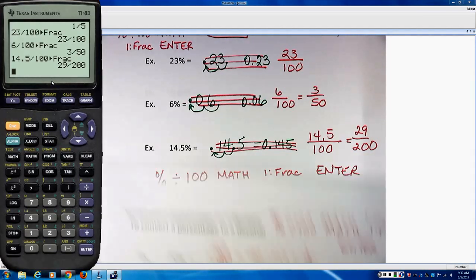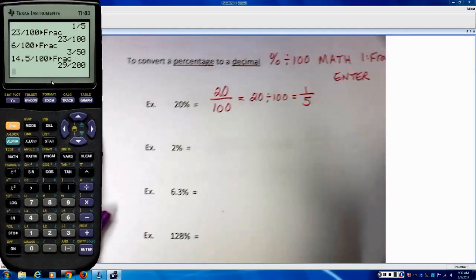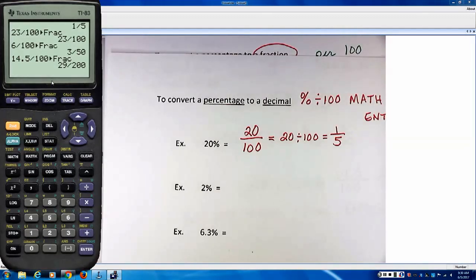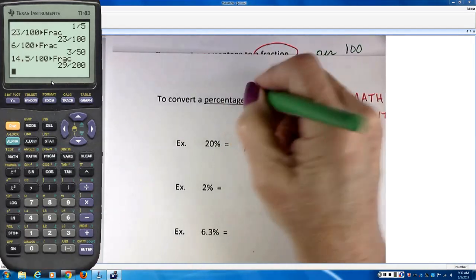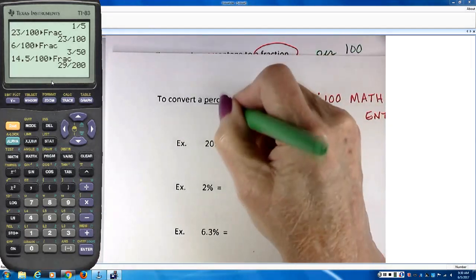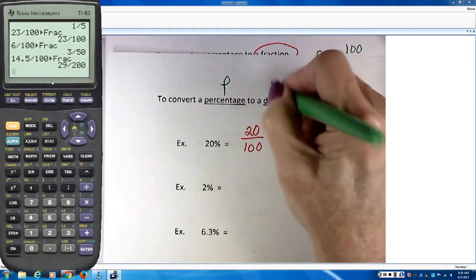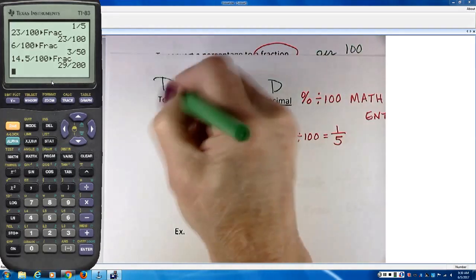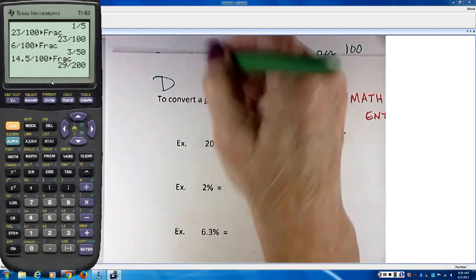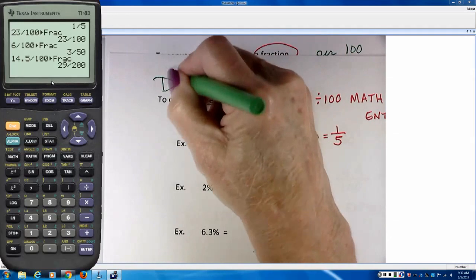Okay, now that I've confused you about fractions and decimals, let's go back and try this again. If you're going from a percent to the decimal, you know D comes before P, so that's why you're going to go 2 places.